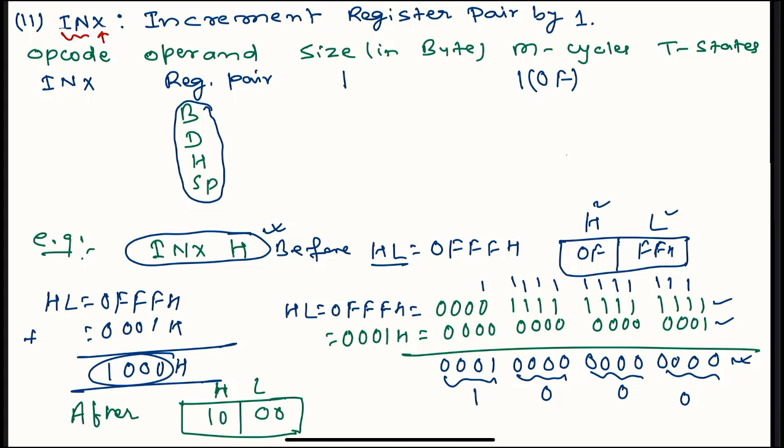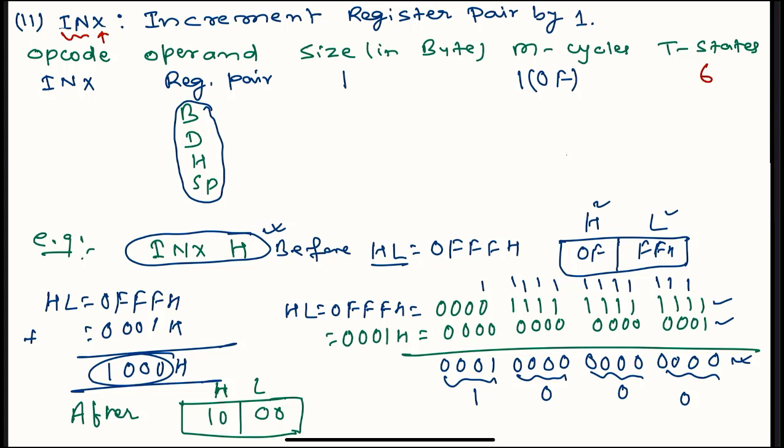But the T states here will be different. The number of T states required here is 6. If we compare INR and INX, in INR we need to perform only an 8-bit addition operation.